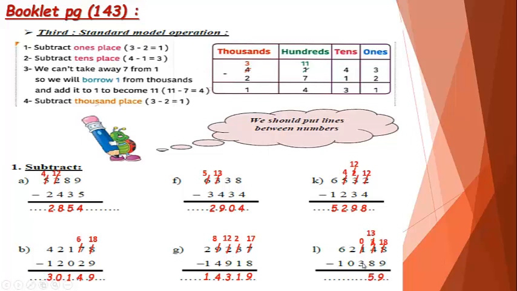I cannot take 3 from the 0. So I'm going to borrow 1 from the 2, it will be 1. And this 0 will be 10. 10 minus 3 equals 7. 1 minus 0 equals 1, as it is, of course. And 6 minus 1 equals 5. So the final answer is 51,759.